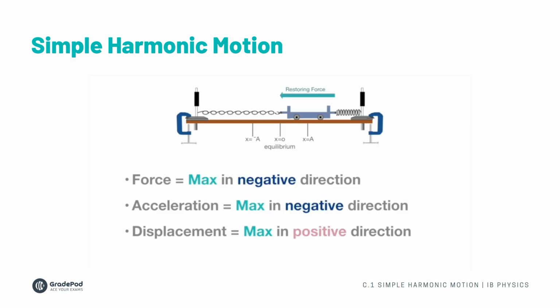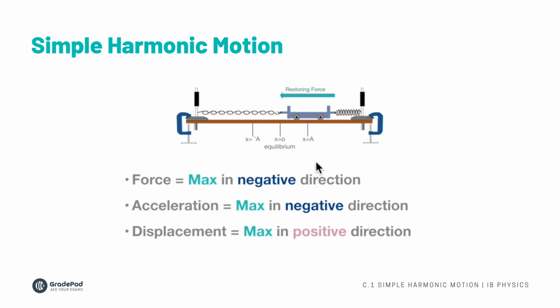Let's now look at the cart on the right-hand side. You can see that the two springs have changed form yet again. This one is compressed and pushing the cart that way. This one is extended and pulling the cart this way. Again, it's restoring force back towards the equilibrium. It's a maximum force felt at this stage, and it's in a negative direction.